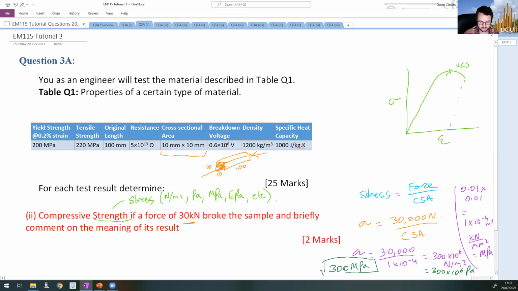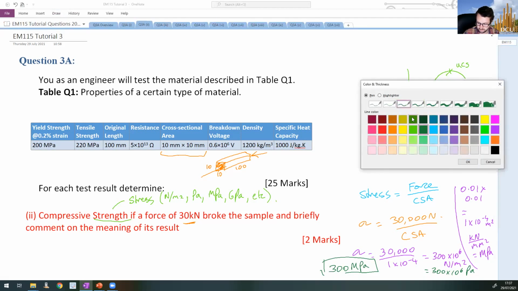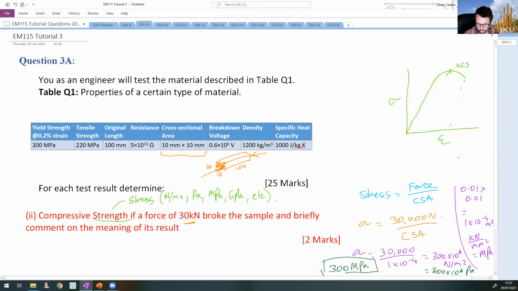So then finally, we're asked about the meaning of that result. So we have 300 megapascals of compressive strength. We have 220 megapascals tensile strength.